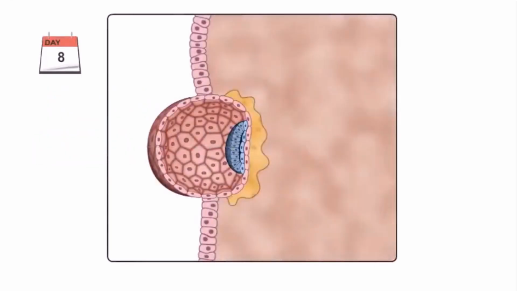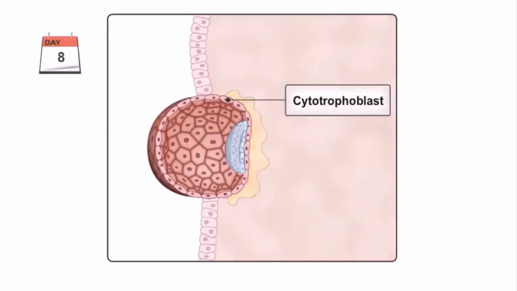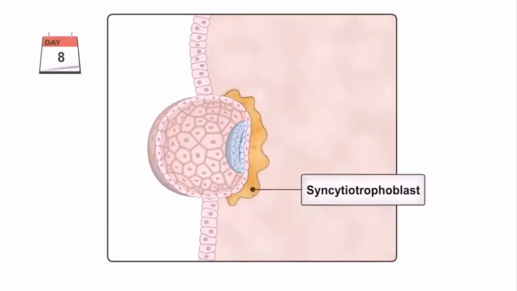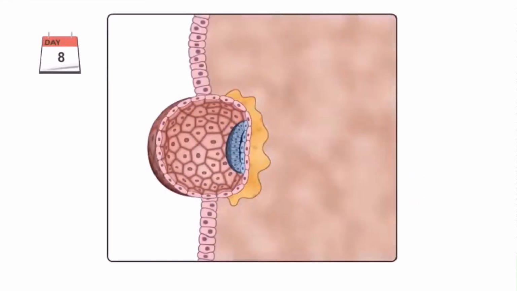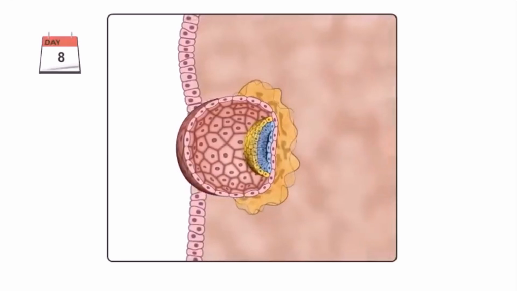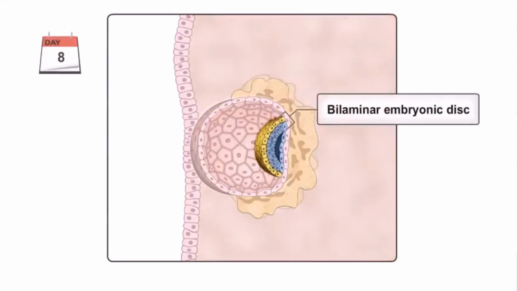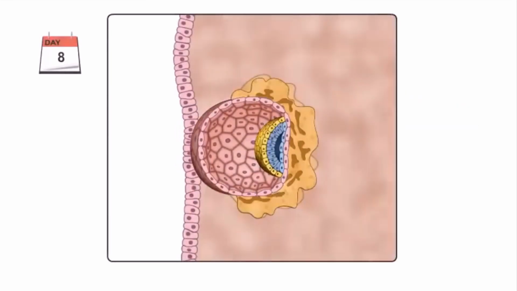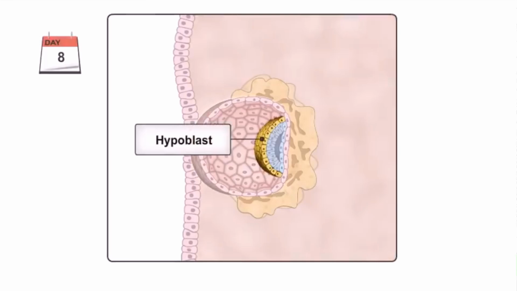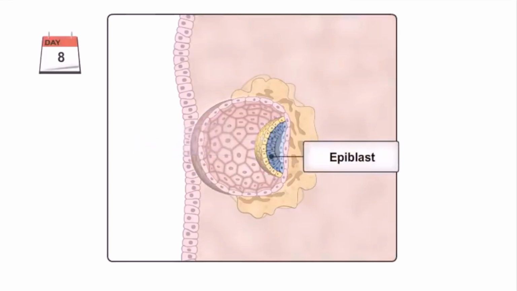As the trophoblast makes contact with the endometrium, it differentiates into two layers: an inner cytotrophoblast and an outer syncytial trophoblast. The embryoblast differentiates into a bilaminar embryonic disc composed of two cell layers, the hypoblast and the epiblast.